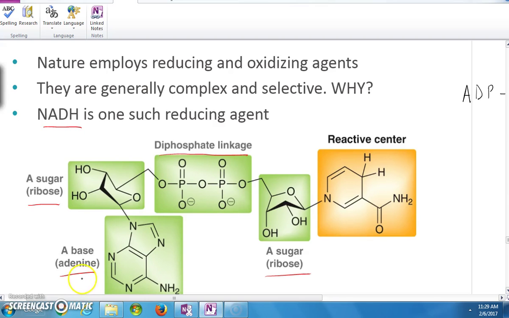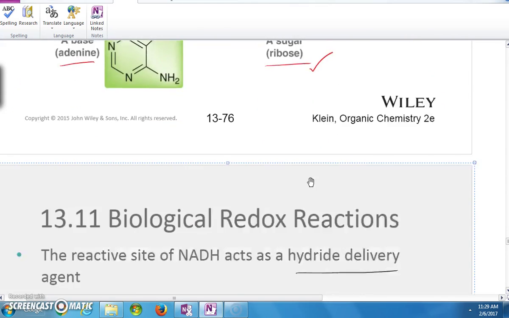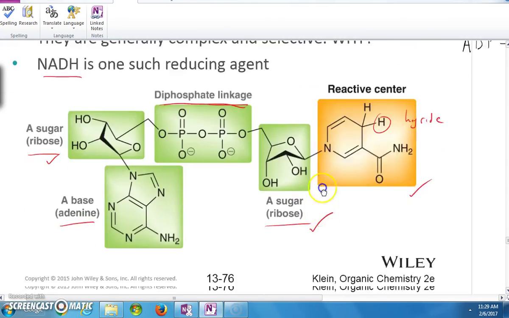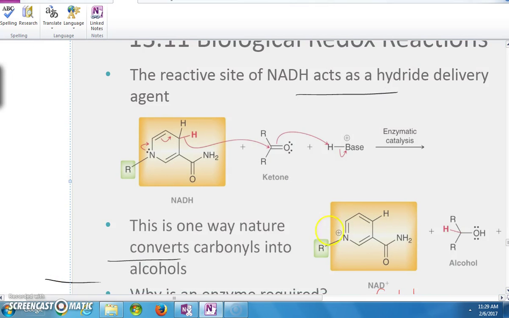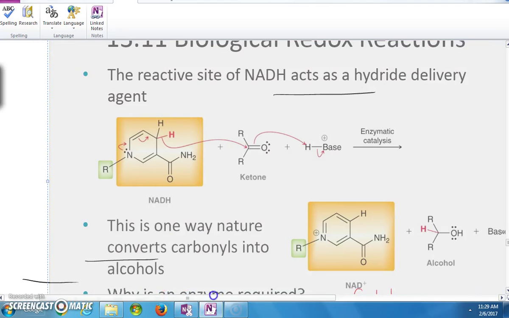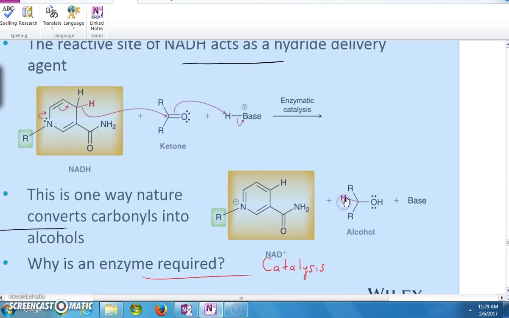It has a base, adenine, a sugar, a phosphate linkage, and a sugar ribose, and also the reactive center. This is where the hydride is transferred. This is the source of the hydride. It acts as a hydride delivery agent. These are things you want to remember.